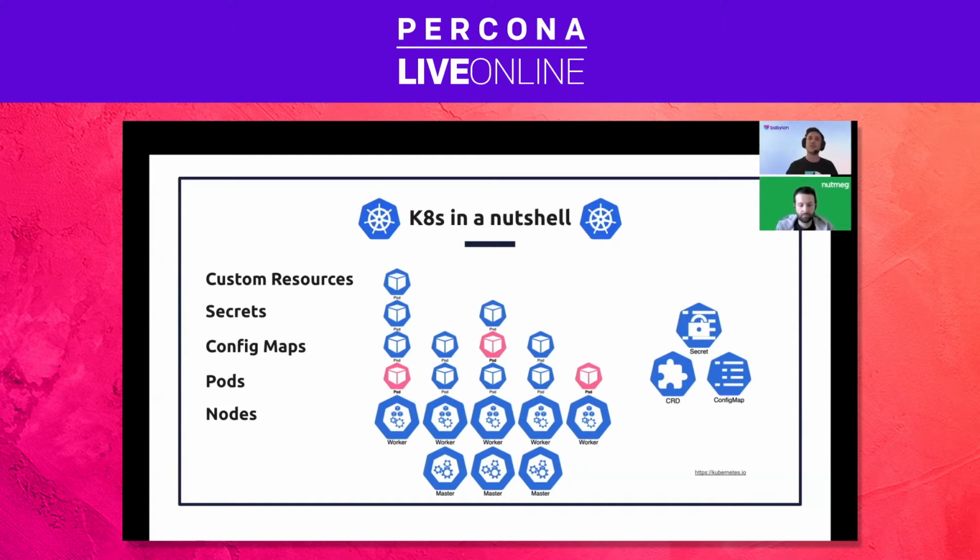And we configure all of those resources, so the deployments of the pods, the secrets, the config maps, the CRDs, with basically some YAML files, some manifest files for our application.